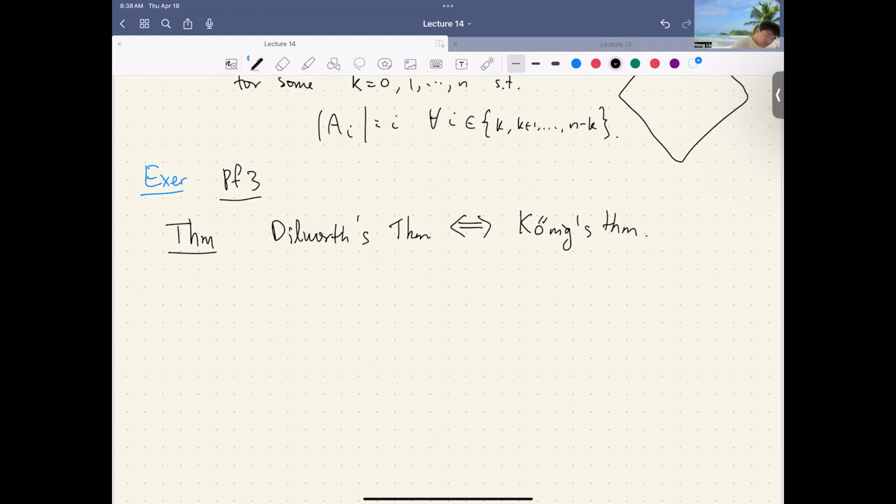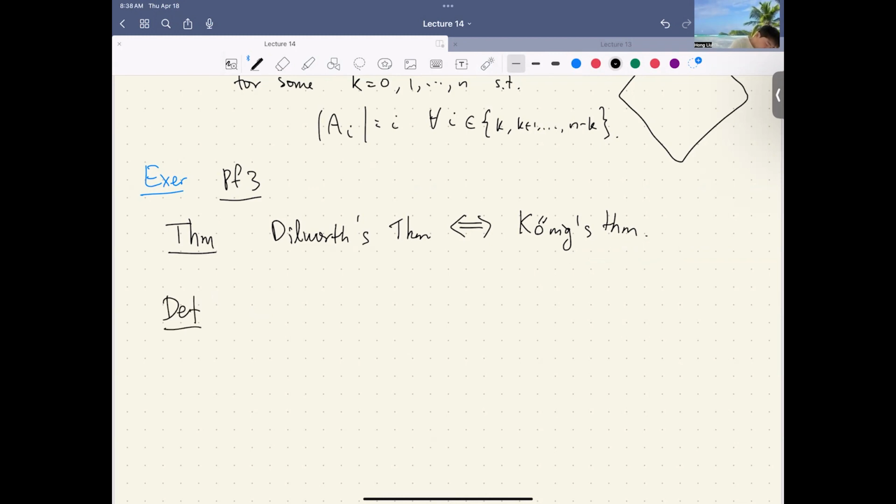This is also a very important duality statement in graph theory. So just consider a general graph G. Maybe I'll give some definitions first. Matching.